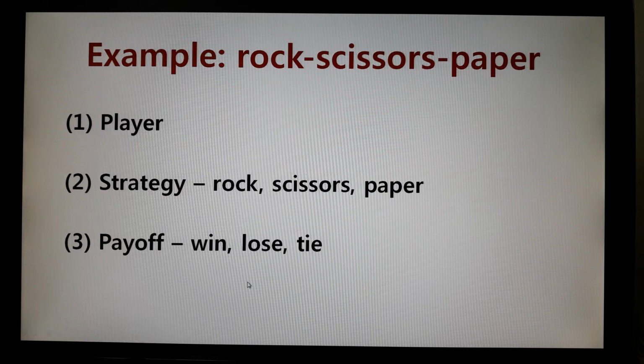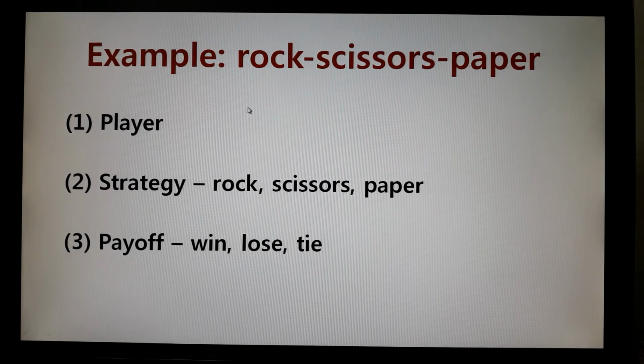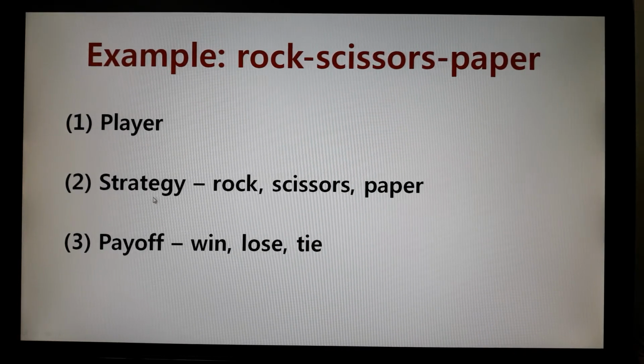So, for example, if you meet an alien, some spaceman who never played or never got to know the rock, scissors, paper game, you can explain to them what the players are, what the strategy of the game is, what the payoff is for each case, rock against rock, scissors against paper, paper against rock kind of thing. Then the spaceman would understand if he is a game theorist. So this is how the game theorist describes a game.